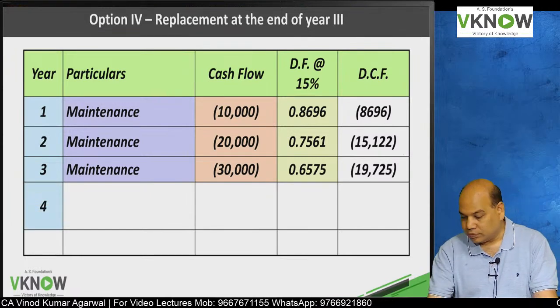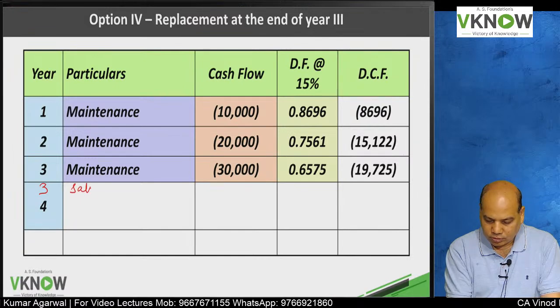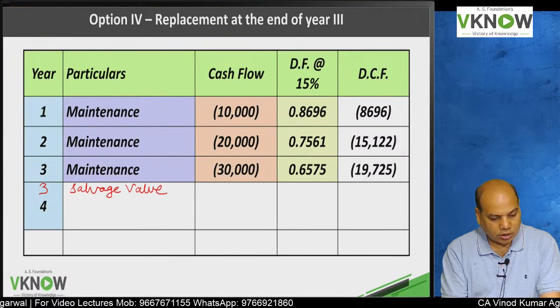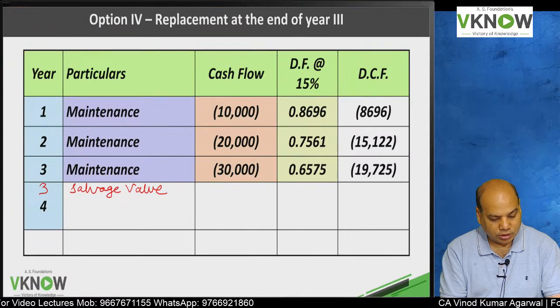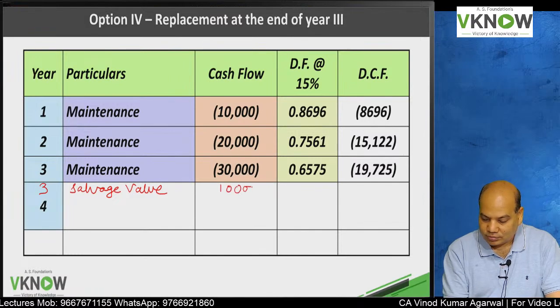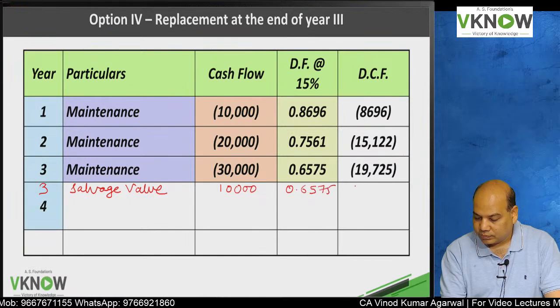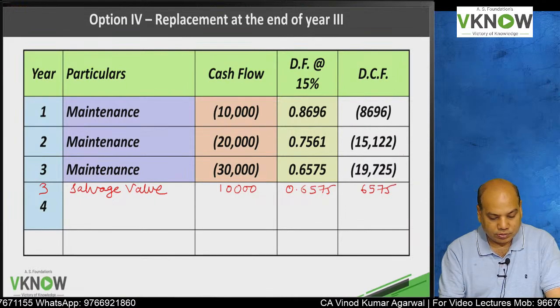So one more line I have to write. Salvage value, how much is that in the third year? Is it 10,000? 0.6575, 6575 present value.